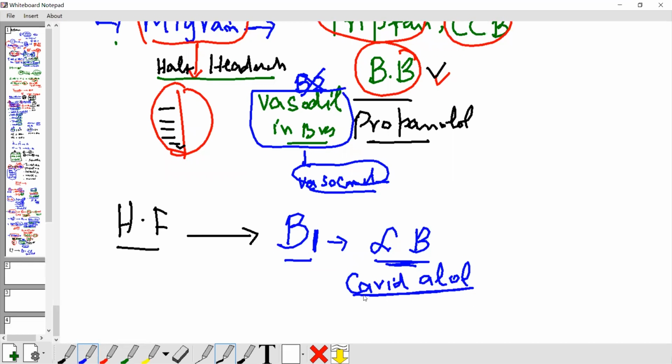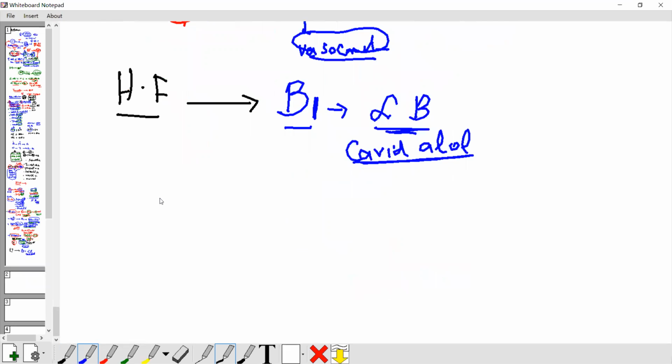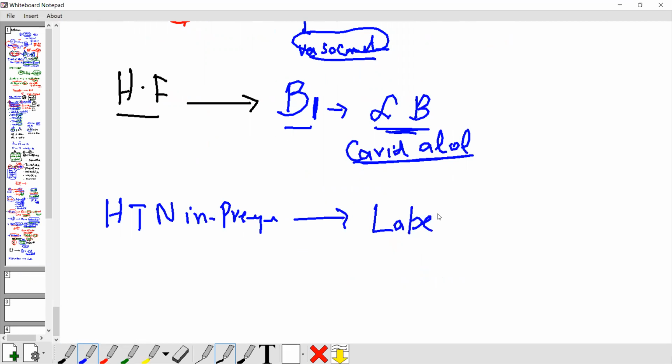Keep in mind carvedilol, very effective in heart failure. Labetalol we use in pregnancy, another use, hypertension in pregnancy. Clear?